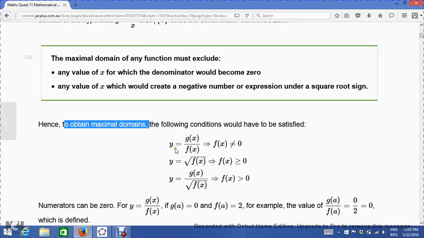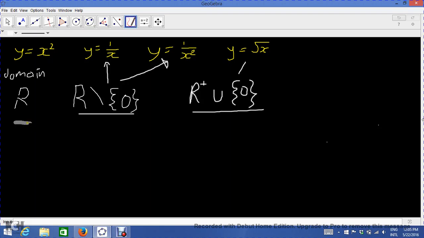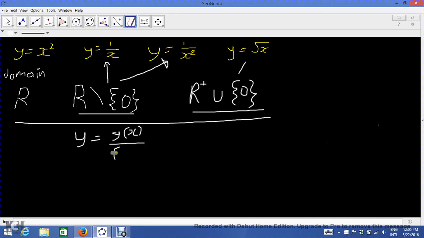Okay, going down, hence to obtain maximum domains, the following conditions would have to be satisfied. First thing, we've got y equals g of x over f of x. As an example, g of x could be x squared, and f of x might be x take 1.